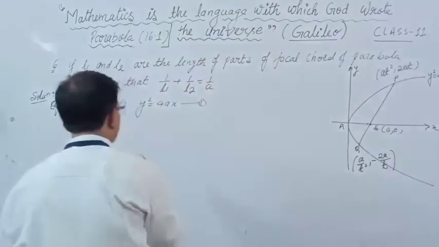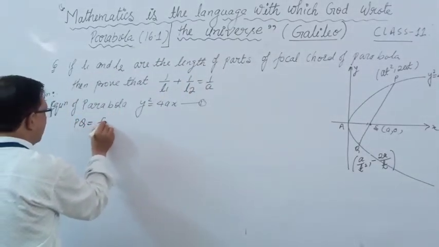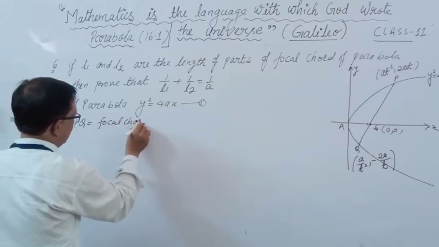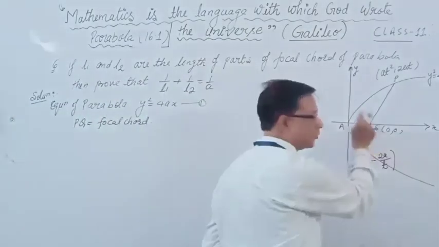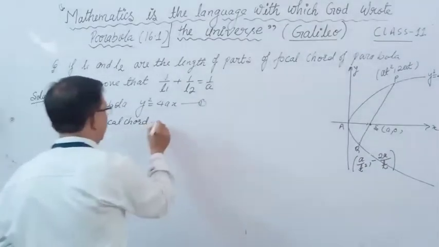Okay. And PQ is the focal chord. Why is this called a focal chord? Because this chord passes through the focus.